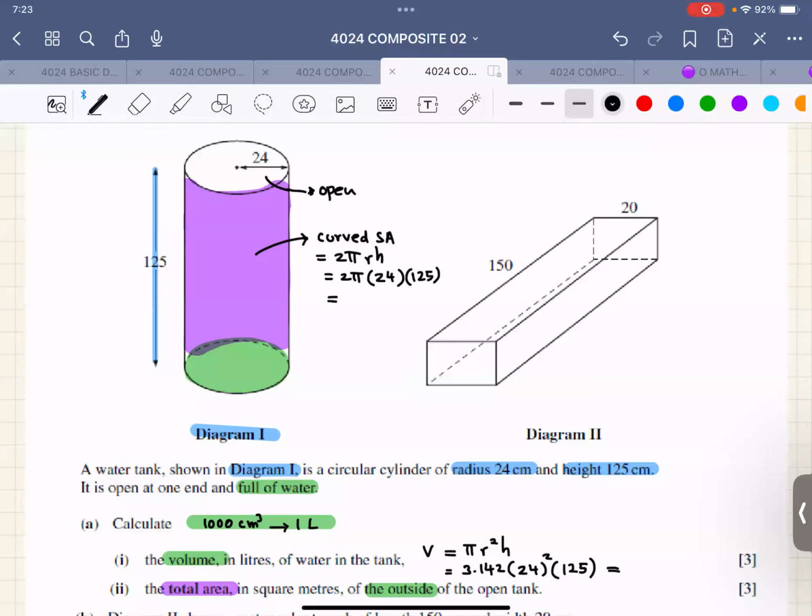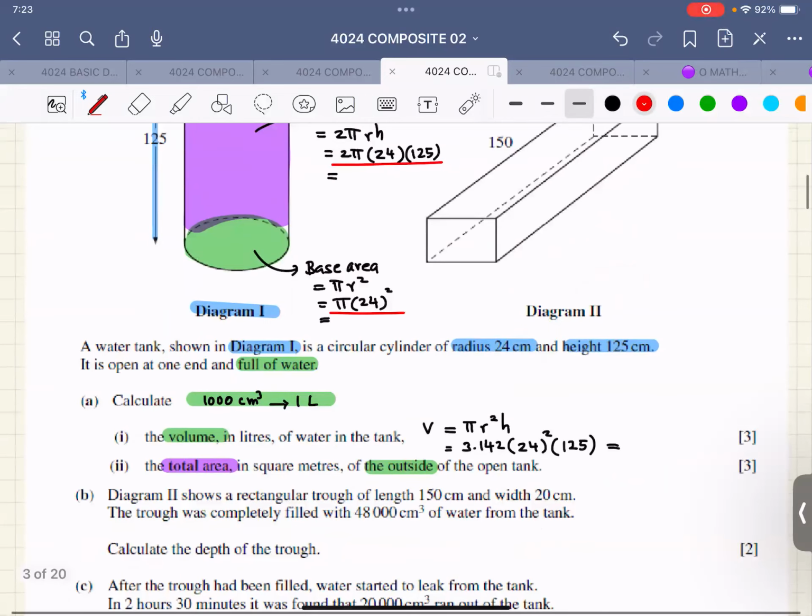You will get this thing. And then there is the base area, that is pi r square, which is pi into 24 square. You will take these two values and add them up, and you will get the total area.